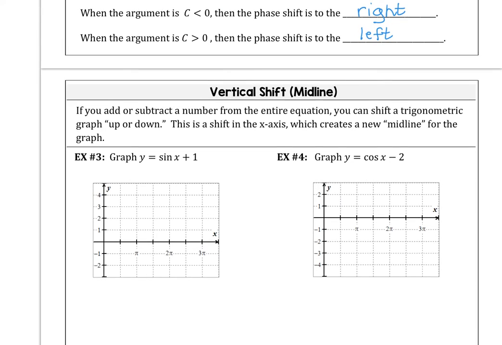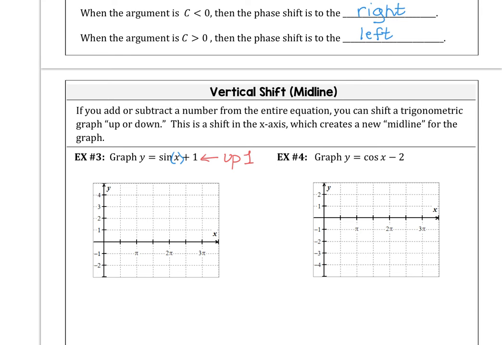Next, we're looking at vertical shifts or changing the midline. So if we have sine of X plus 1, this plus 1 is outside of our argument. You could really think of the sine curve as having sine with parentheses X. So the plus 1 is shifting our function or our midline 1 unit up.